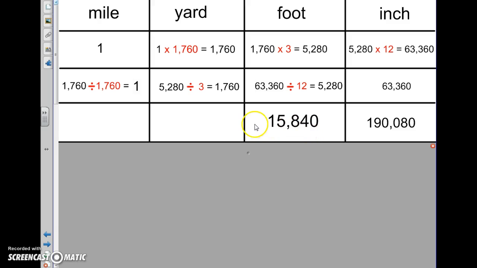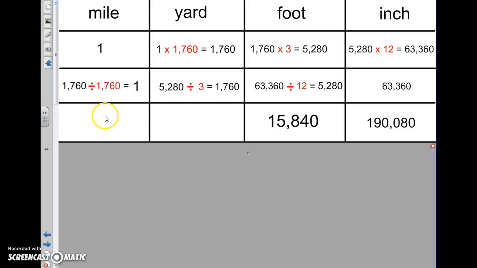So that answers the first part of the question: there are 15,840 feet that she ran in the race. If we wanted to figure out how many miles, we would take this number again, this is how many inches she ran, and we would divide that by what number? We would take 190,080 and divide it by 63,360, because remember, that is how many inches there are in a mile.